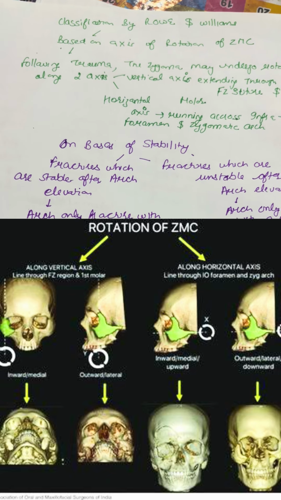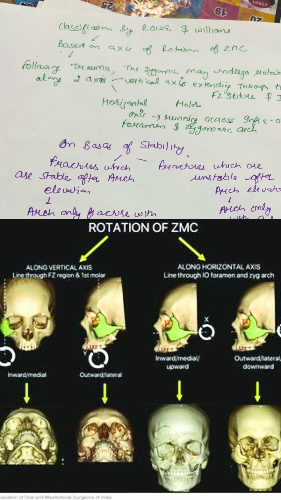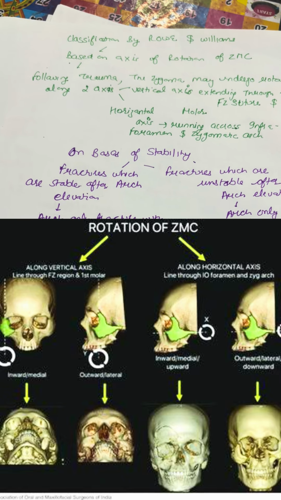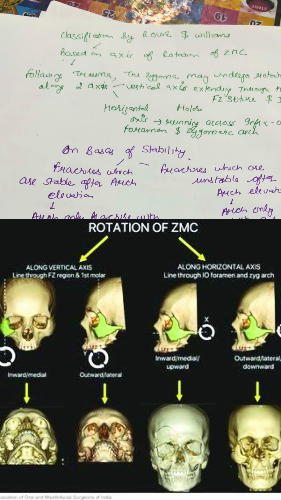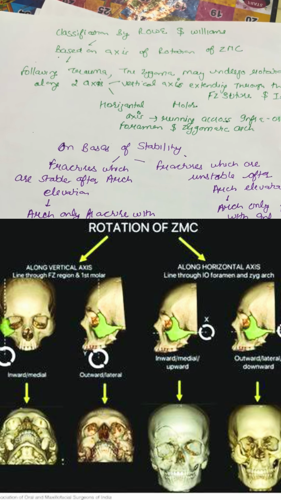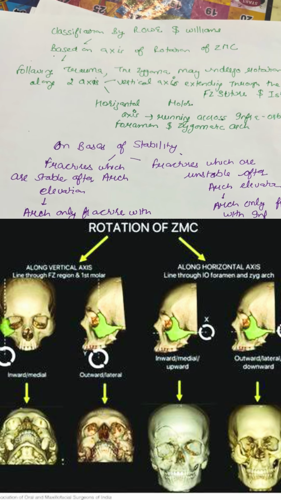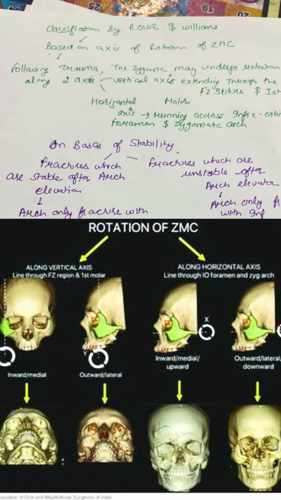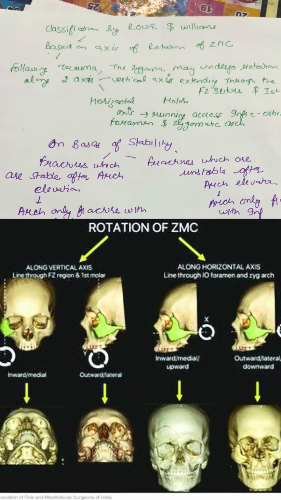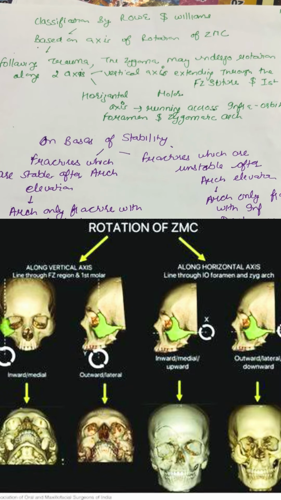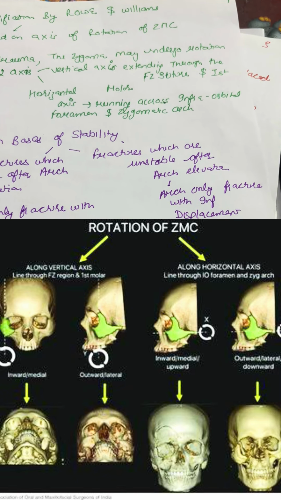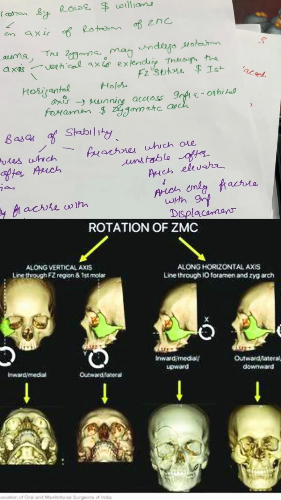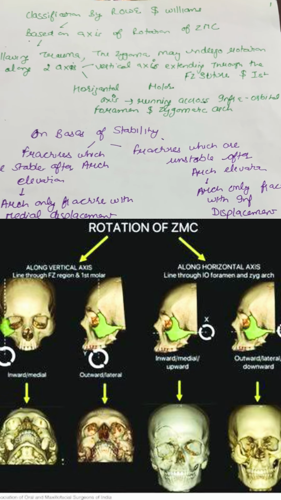On the basis of stability, there are fractures which are stable after arch elevation: arch only fracture with medial displacement and rotation around the vertical axis. And fractures which are unstable after arch elevation: arch only fracture with inferior displacement, and zygomaticomaxillary fracture rotated around the horizontal axis.